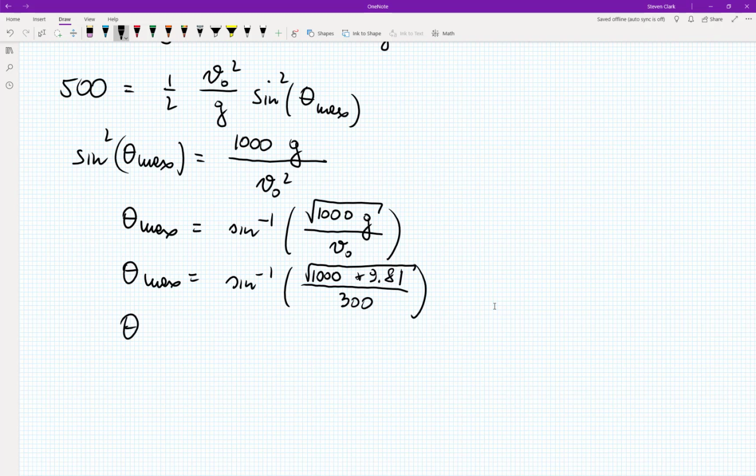Grab your calculators and obtain that theta max is approximately 19.278. That is with 300 squared on the bottom, and if I take the square root of the entire fraction, then yes.